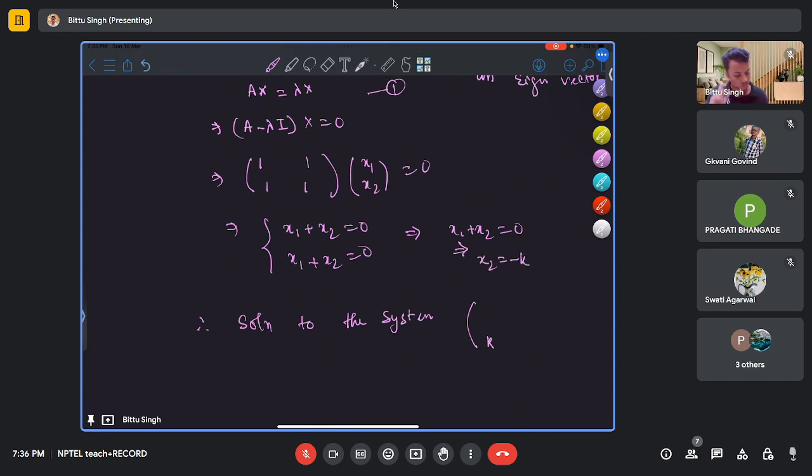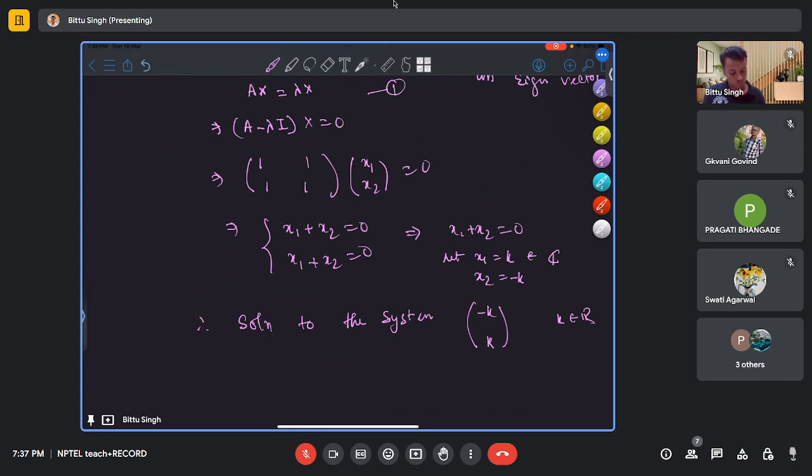Sorry, let x1 equal to k, any real number, then we are getting x2 equal to minus k. Instead of real number, we can take complex number, because we assume the field to be complex if nothing is given. So these will be the solutions, where k is any real number.